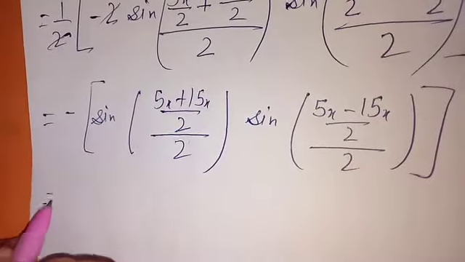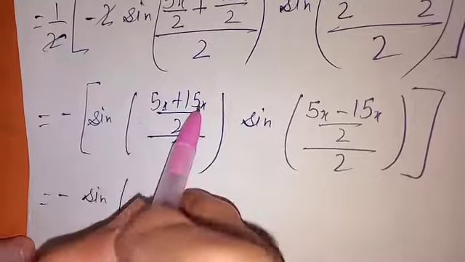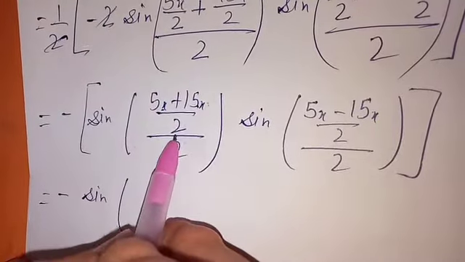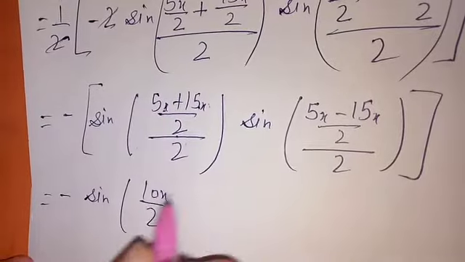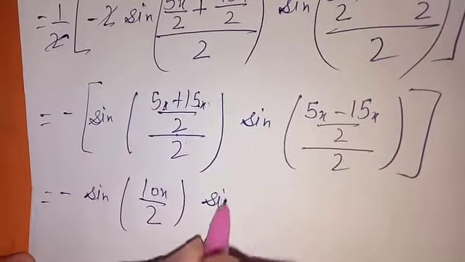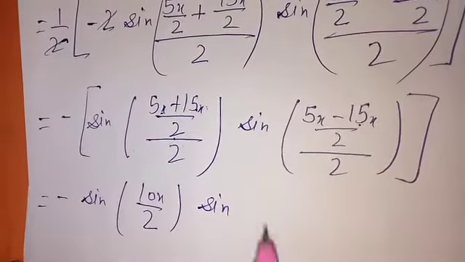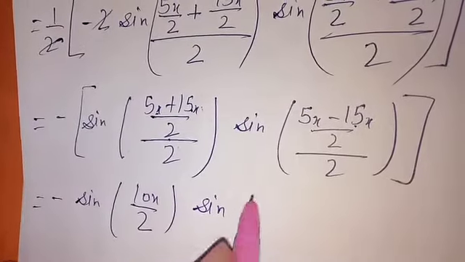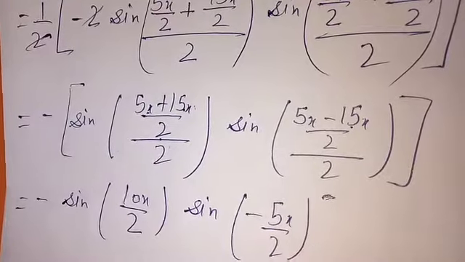Okay, so it is minus sin of 5x plus 15x, 20x by 2, 10x by 2, into sin of 5x minus 15x, minus 10x by 2, minus 5x by 2.